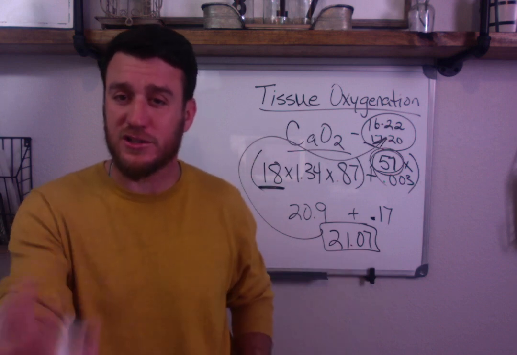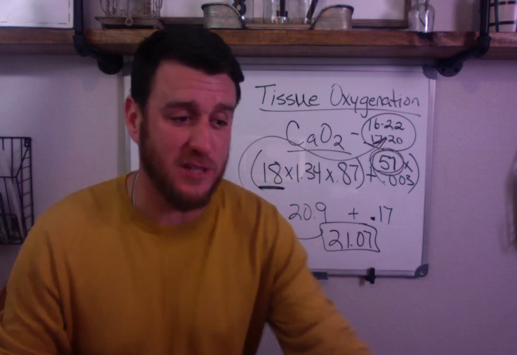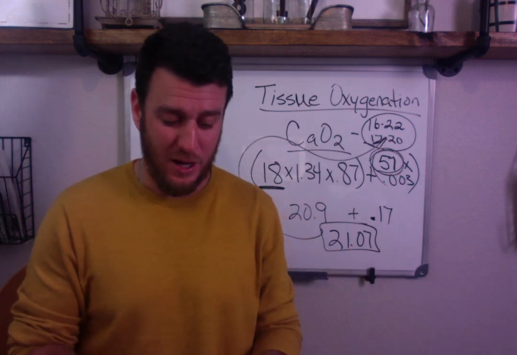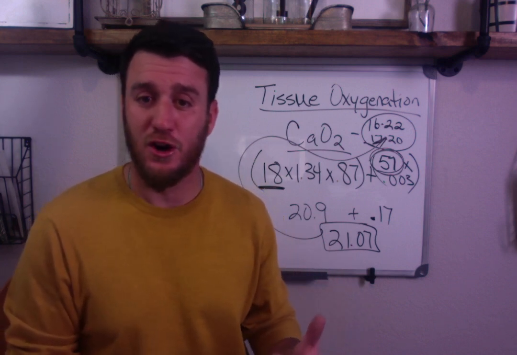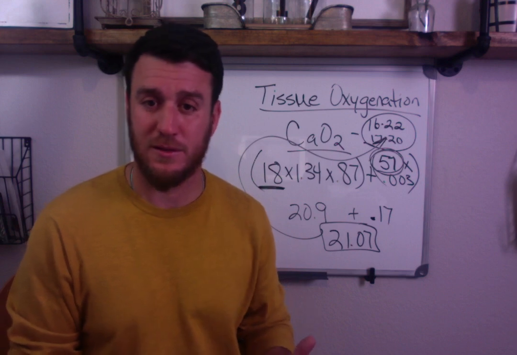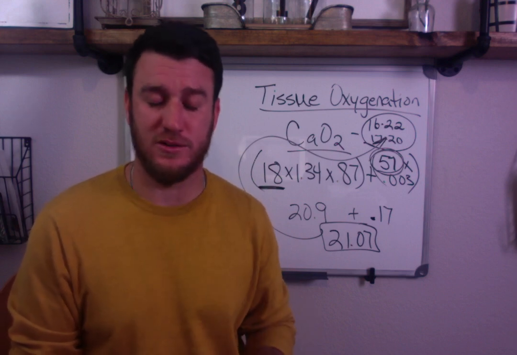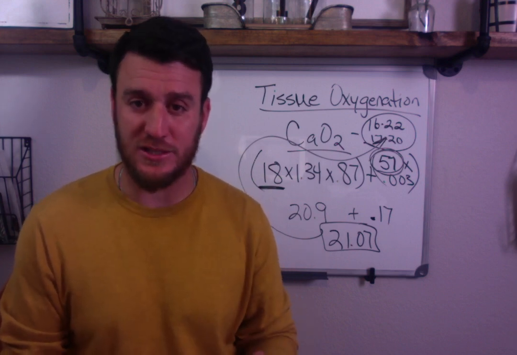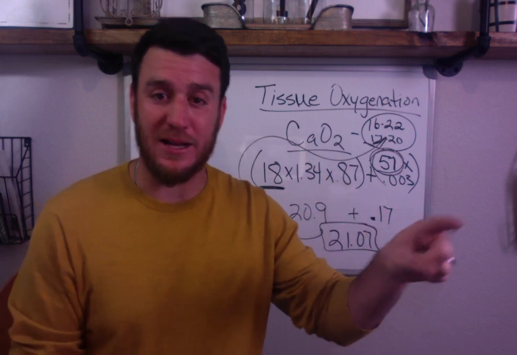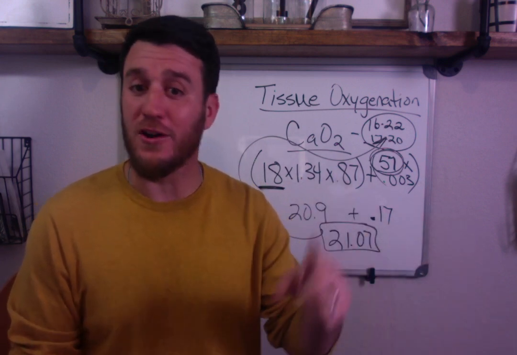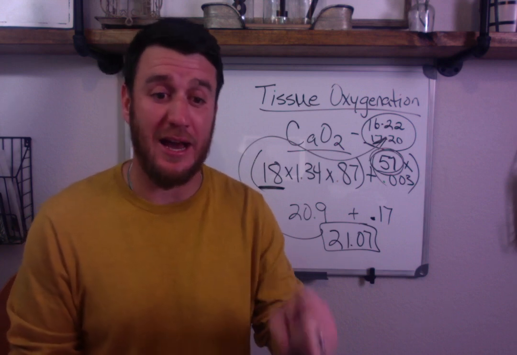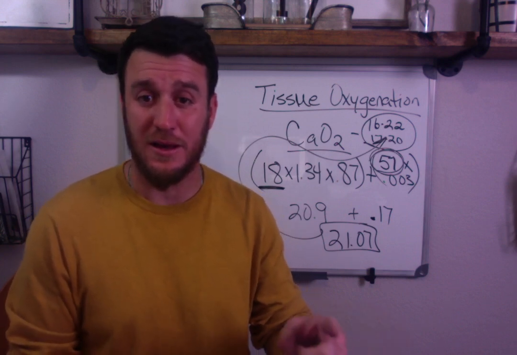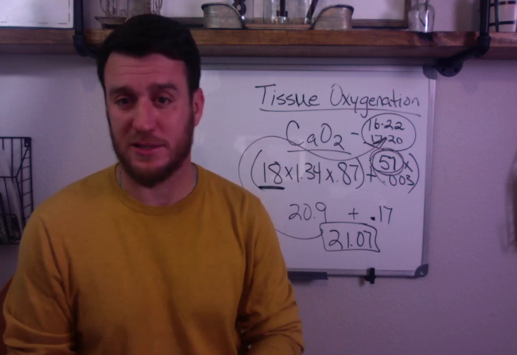So you need to understand, as this video wraps up, that not all patients that are hypoxemic are hypoxic. And you also need to understand that you can have a patient who is not hypoxemic but is hypoxic.